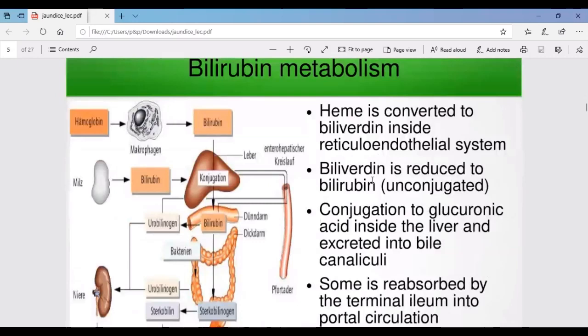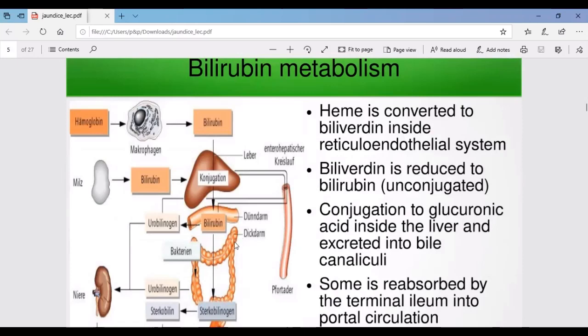It is carried by special carrier proteins inside the bloodstream to reach the liver. And inside the liver, it gets conjugated to glucuronic acid to form what we call conjugated bilirubin, which is now water soluble and can be excreted in the bile to the bile duct into the intestine.